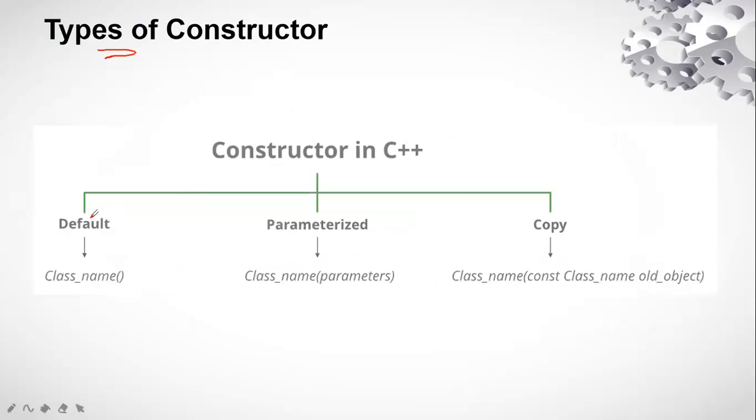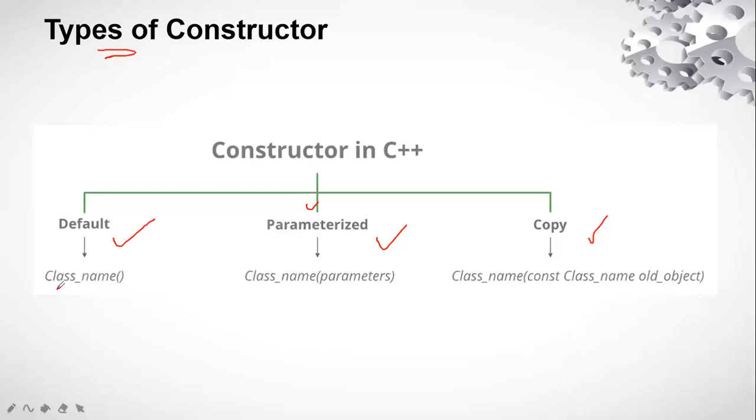We have three types of constructors. Basically, we have two types, called parameterized and non-parameterized. In further division, they are the default constructor, the parameterized constructor, and the copy constructor, right? The default constructor is a non-parameterized constructor.